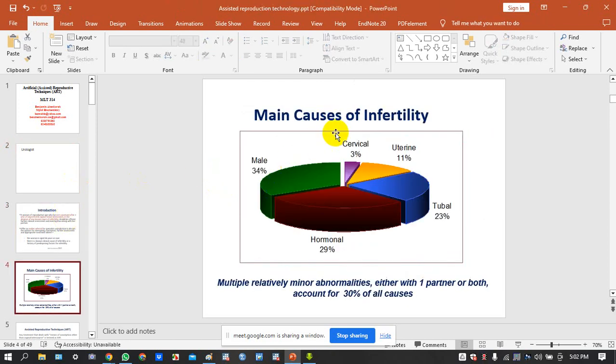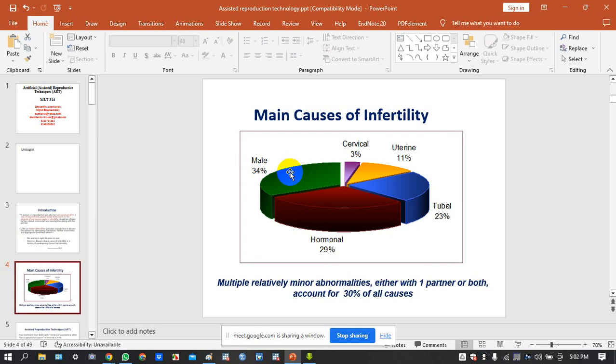Okay, so these are the main causes of infertility. One: 34% is caused by the male. If the male has a low sperm count, it will contribute towards infertility issues.